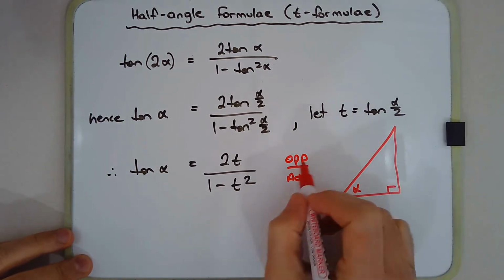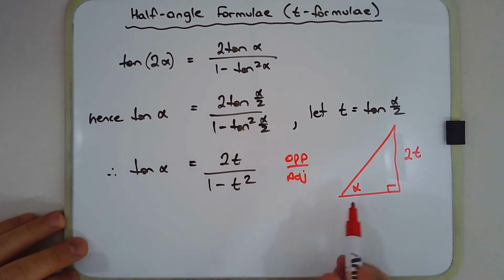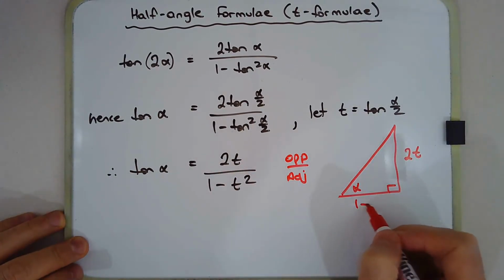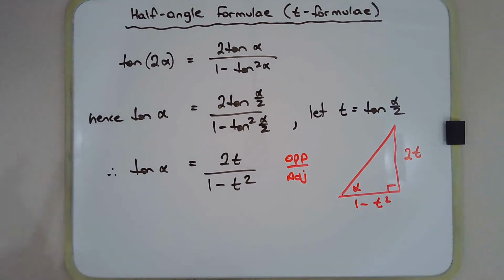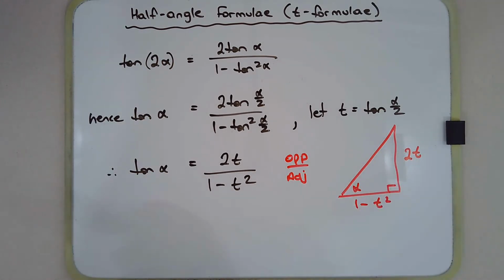So the opposite is represented by 2t, and the adjacent side is represented by 1 minus t squared. So from that, we need to find the hypotenuse in terms of t.